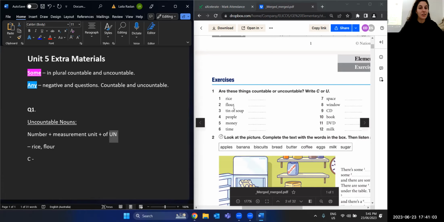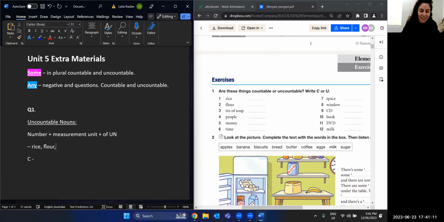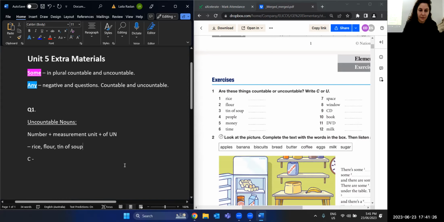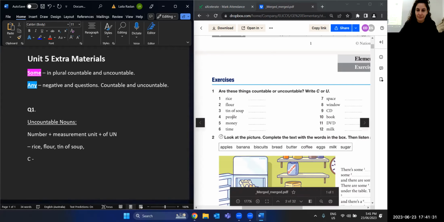soup. So that already tells us, because you've got the tin of, so it's uncountable. So tin of soup. So I want 5 tins of soup. I want 7 tins of soup. People. There are 6 people in the room.